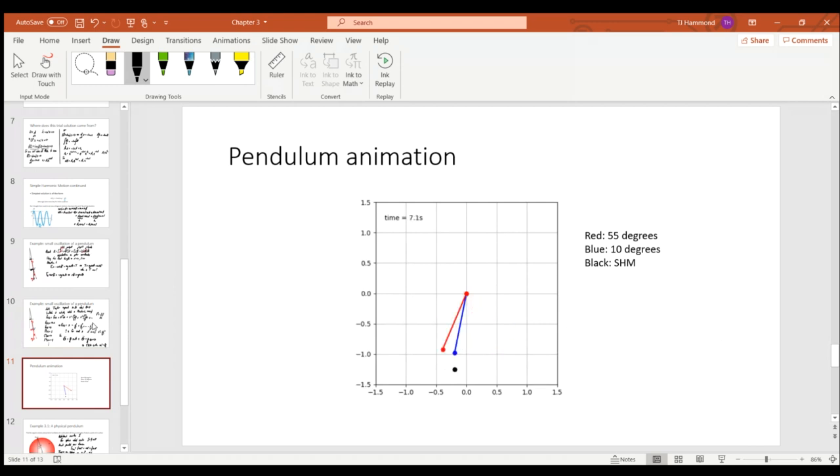When you see the notes, you'll see that it's smoother. There's a bit of a lag in this, I guess. But you can see that the blue and the black follow each other quite well, whereas the red, after something like 15 seconds or so, gets quite out of sync. That means that for a starting angle of about 10 degrees, it follows simple harmonic motion fairly well.